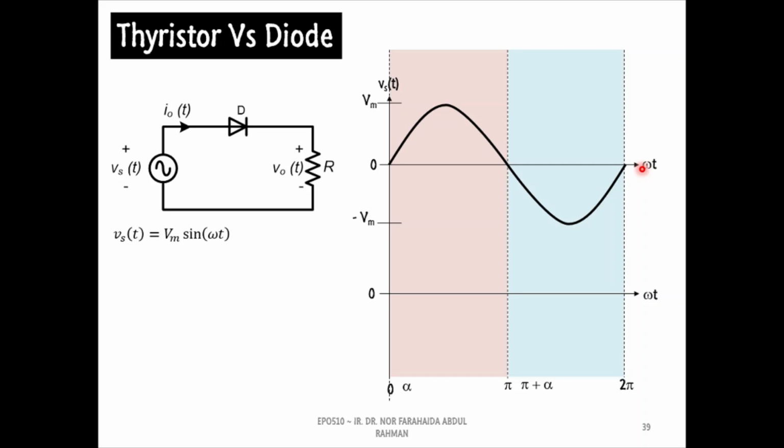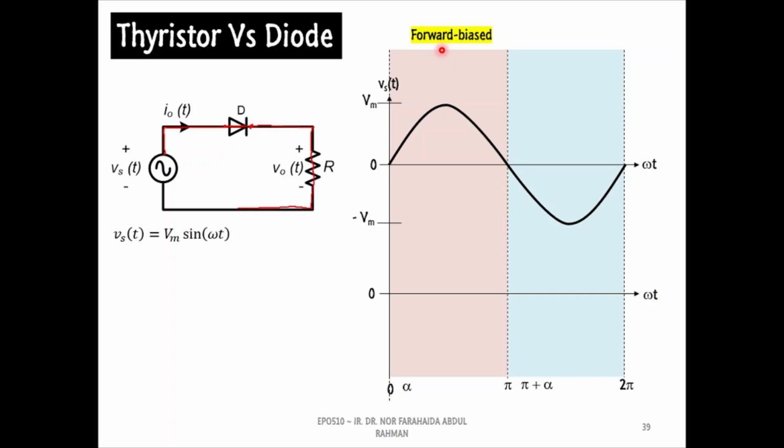As you learned before, during the positive half cycle of the supply voltage, electric current will flow from the positive terminal of the voltage source. Therefore, the current will flow to the anode terminal of the diode, and as a result, the diode is in forward bias and it will act as a short circuit.